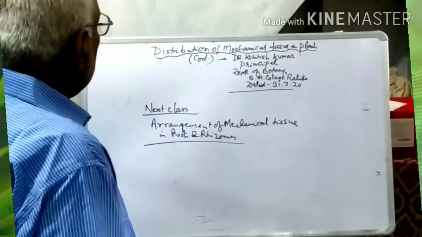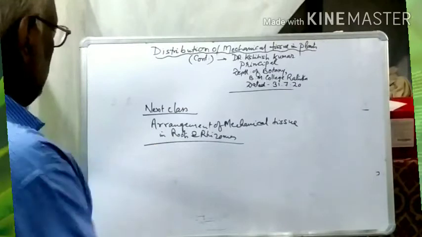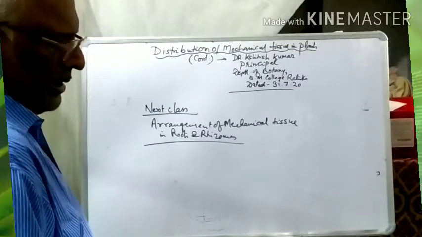So now the class has been completed, and when we meet in the next class, we shall discuss the arrangement of mechanical tissue in root and rhizome.